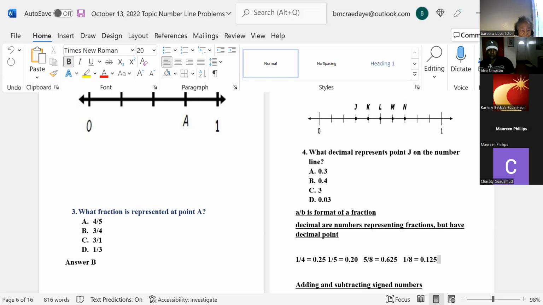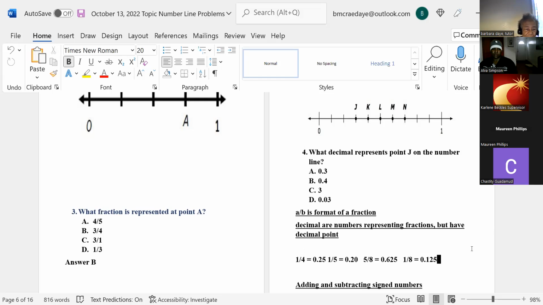Now, if you know 1/8, you can figure 3/8, 2/8, 5/8. 5/8 would just be 5 times 0.125. 6/8 would be 6 times 0.125. If you know 1/4, half of a 1/4 is an eighth. What is half of 0.25? 0.125. So you could use what you know to figure out the ones you don't know, and you don't have to memorize these things.